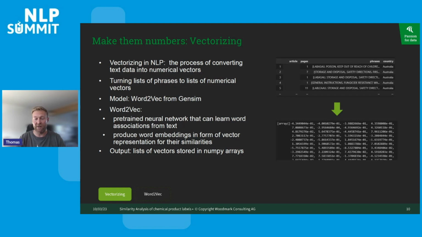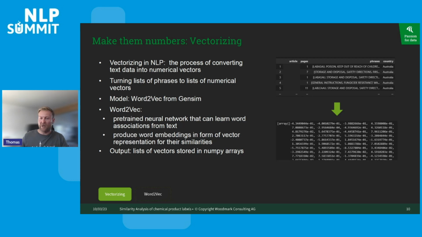In the end, we get an output like this NumPy array with a dimension of 100 for each row in our data frame. So for each product label, we get a vector with a dimension of 100 expressed in numbers, floats in this case.